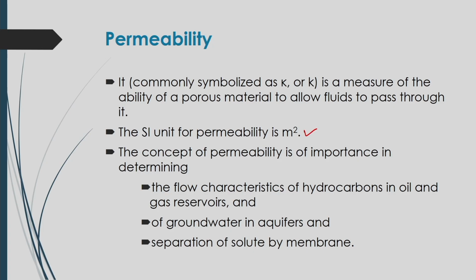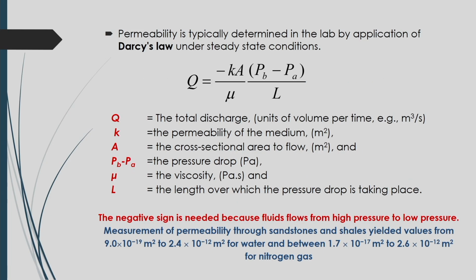The concept of permeability is important in determining the flow characteristics of hydrocarbons in oil and gas reservoirs, of groundwater in aquifers, and also in separation of solutes by membranes. You can calculate this permeability from the pressure difference across the medium, and this equation will be useful for that.